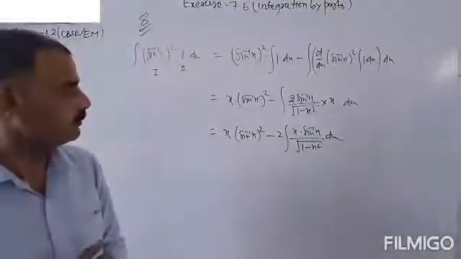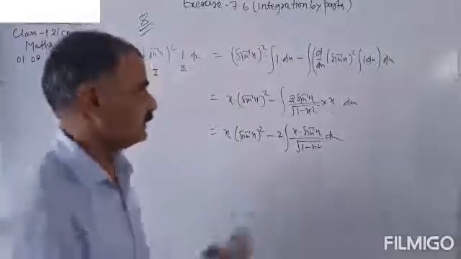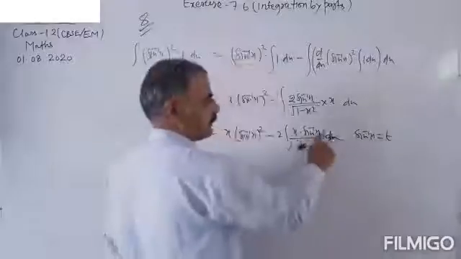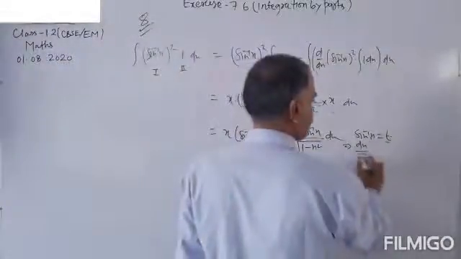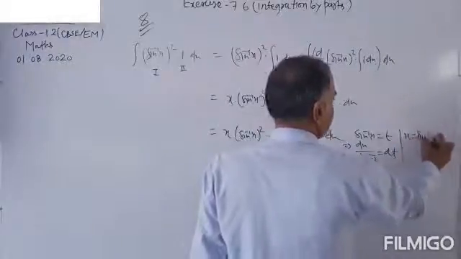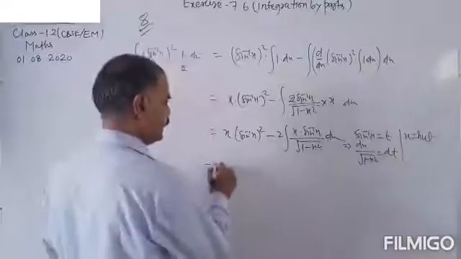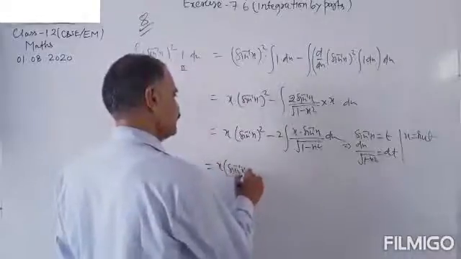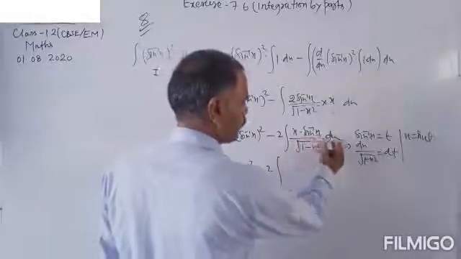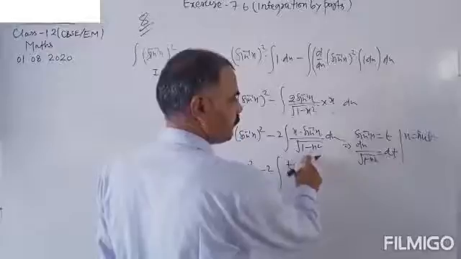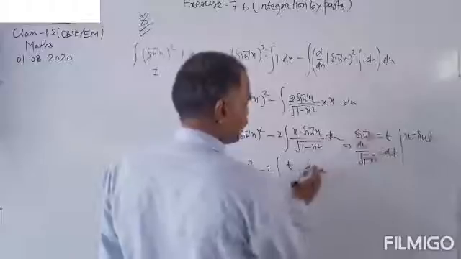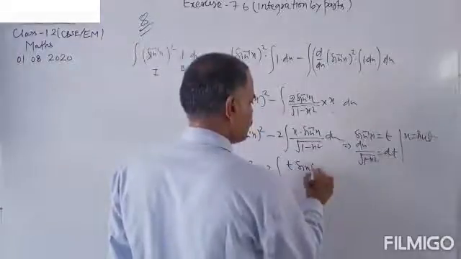Okay, so this is the first form of the integration using the formula. Now what we have to do? Now let us take sin inverse x equal to t. So dx upon under root 1 minus x square equals dt, and x equals sin t. So the second integration will change to t sin t dt.